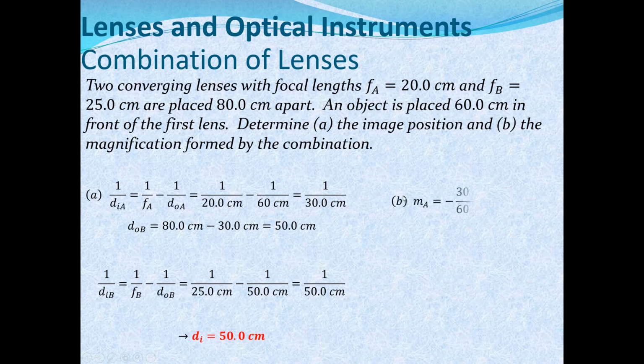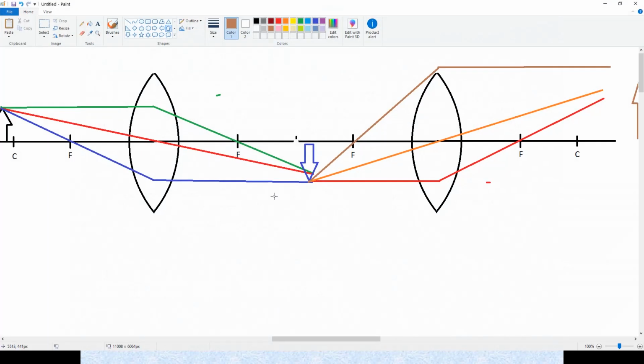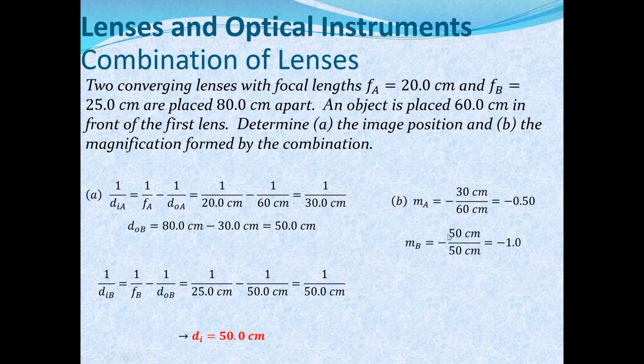Now for the magnification, well, we just find the individual magnifications. The first lens went from an object distance of 60 to an image distance of 30, and had a magnification of negative 0.5. Makes sense. We ended up getting a slightly smaller arrow with an inverted direction. We do it for the second lens and get negative 1.